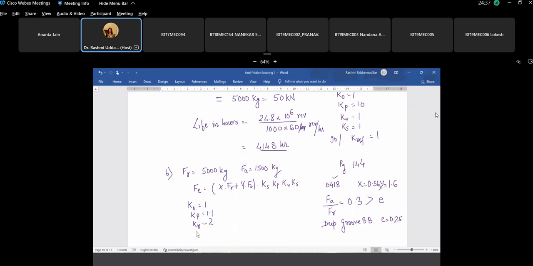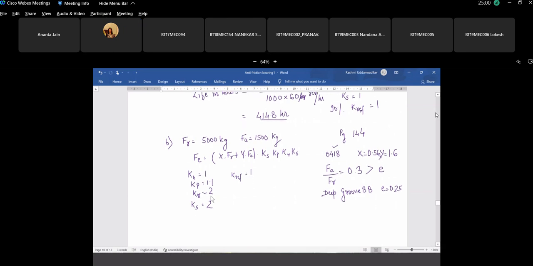So for ball bearing, what is Ks? 2. Reliability factor is not given, so we assume 90% reliable. So this is again 1. And now you will see that this equivalent load will increase because this is 2 and this is 2.